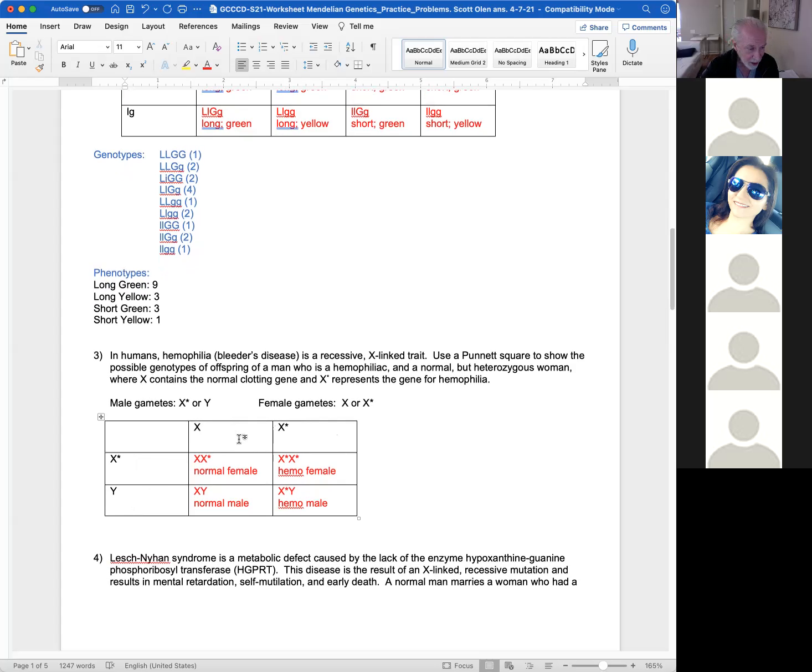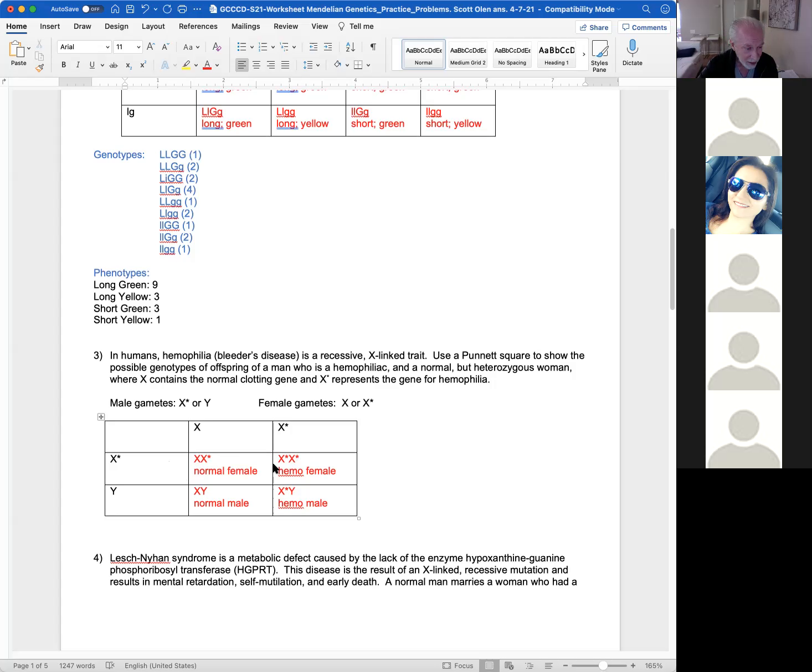If you put them together, the fertilization possibilities: in the first box, it's X, X star, and that would be a normal female. Even though the mutation is on one of the X's, the female has another X, and this is a recessive trait, so the female will be normal, even though she's a carrier.